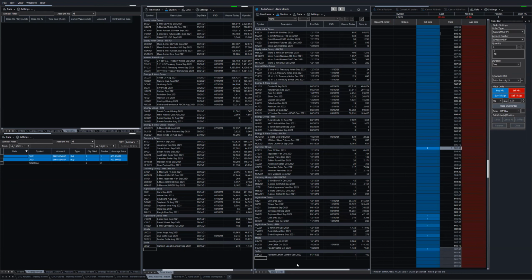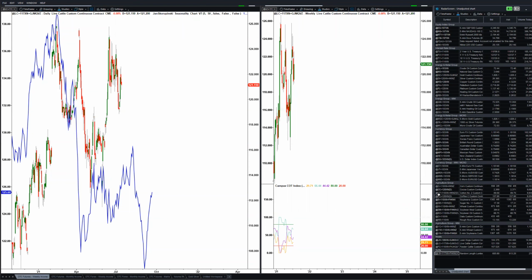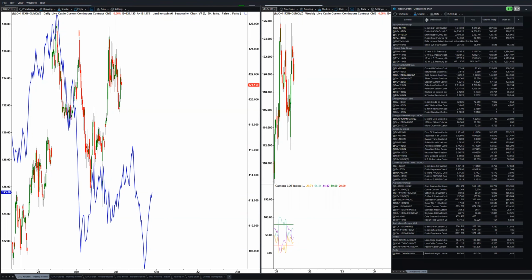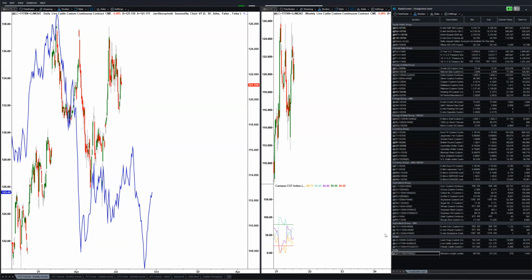This then takes you to the symbol column, also for the recording viewers.